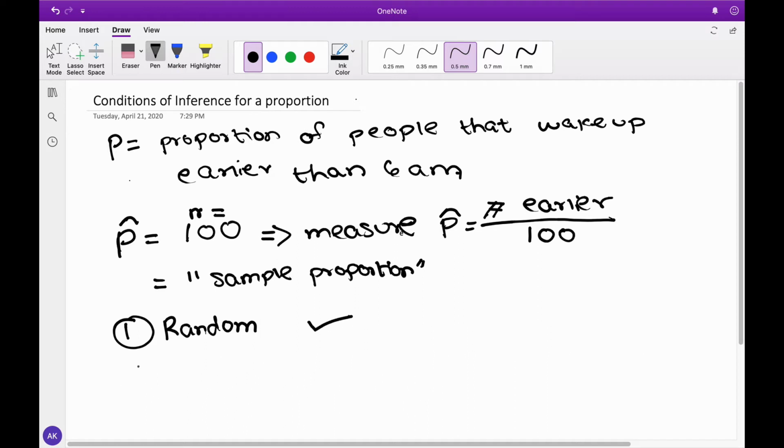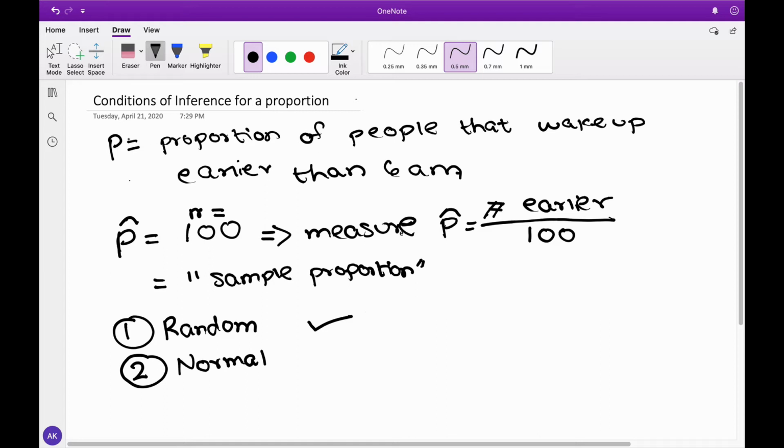The second condition is that it must be normal. When I say normal, I mean that the sampling distribution must be normal.